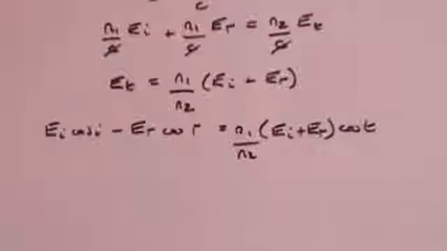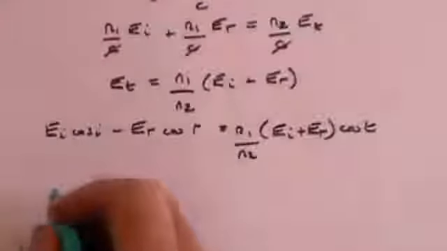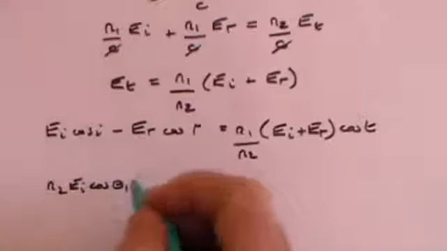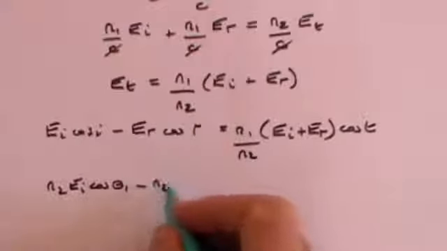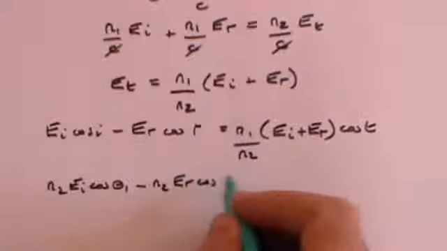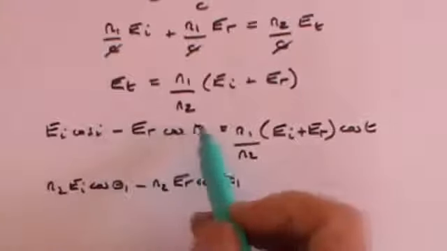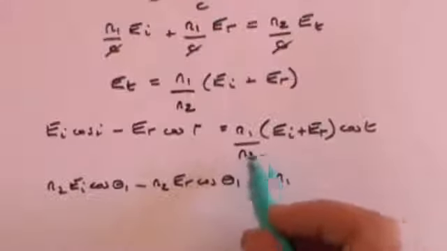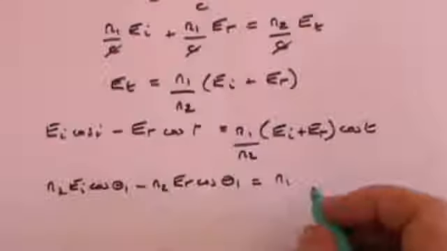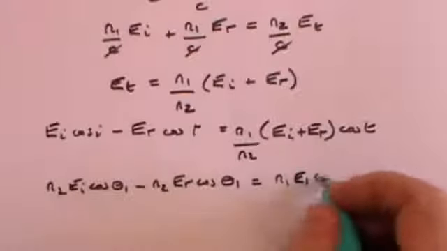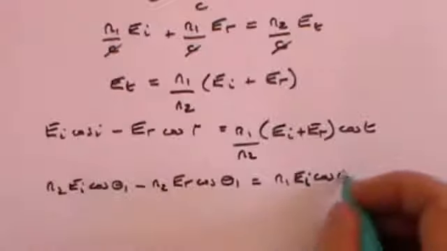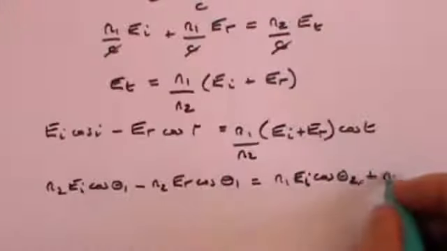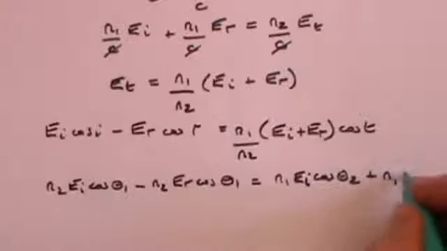So if I can remember how to do all of that lot, that should come out to N2 times EI times the cosine of theta 1 minus N2 times ER times the cosine of theta 1, because incidence and reflection are the same, is equal to N1, because we've multiplied by N2, so that goes, into EI cosine theta 2, because T is now theta 2, plus N1 ER.